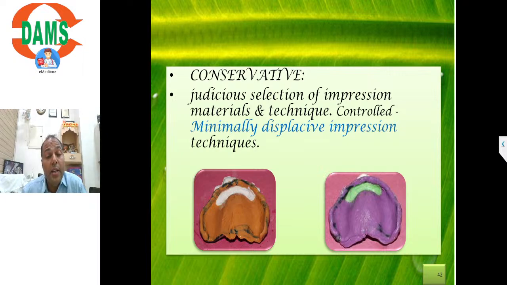Now, how to avoid this situation? Normally we give overdentures in the mandibular arch because of the occurrence of more resorption in the mandibular arch as compared to the maxilla. It is 4:1, anterior mandible to anterior maxilla.